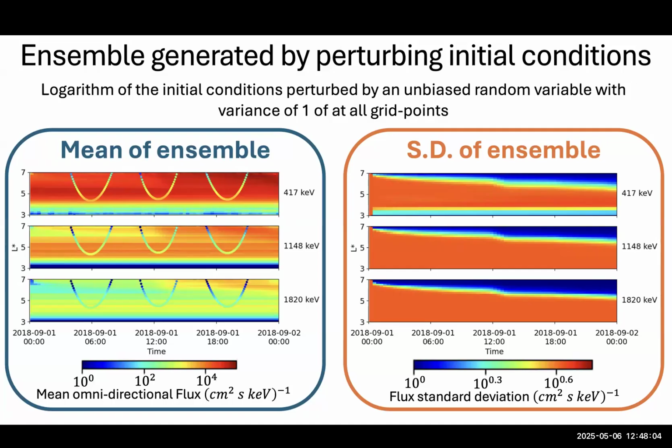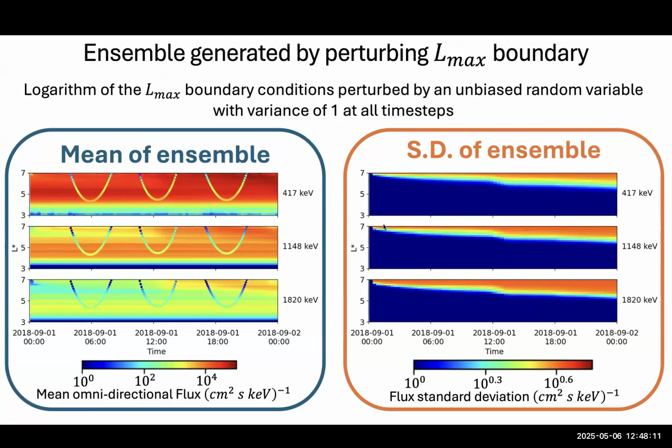If we then look at perturbing the boundary conditions by the same random variable distribution, but instead of doing it at the initial time, we're perturbing the Lmax boundary at all time steps by some random variable with variance 1.